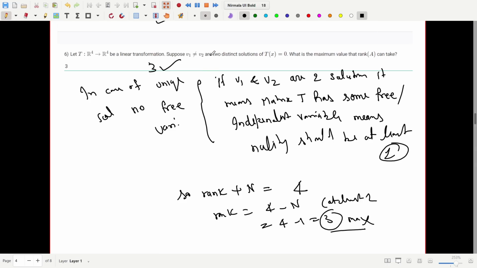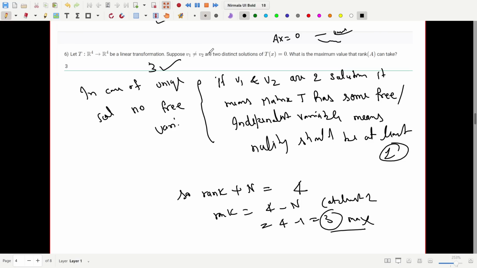See here, it is given that V1 and V2 are two solutions for this matrix. If it is a homogeneous system, Ax is equal to 0 has two types of solution: a unique solution or many solutions. If it is the unique solution, then V1 and V2 will be 0. If that is not the case, it means there are many solutions.